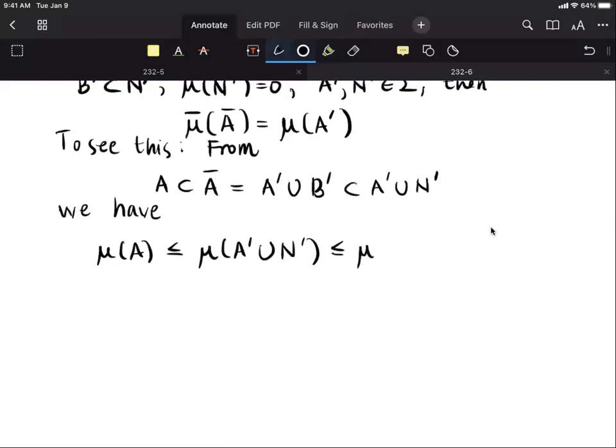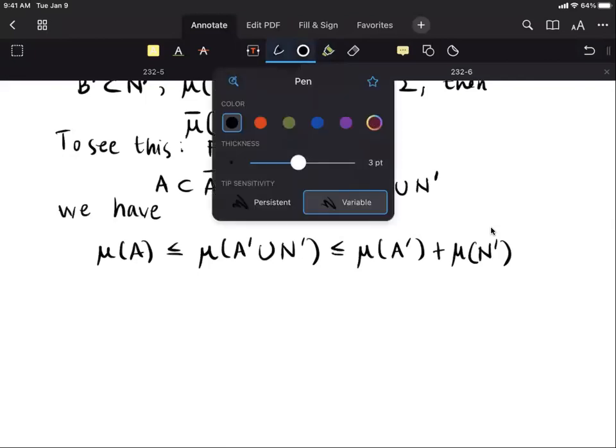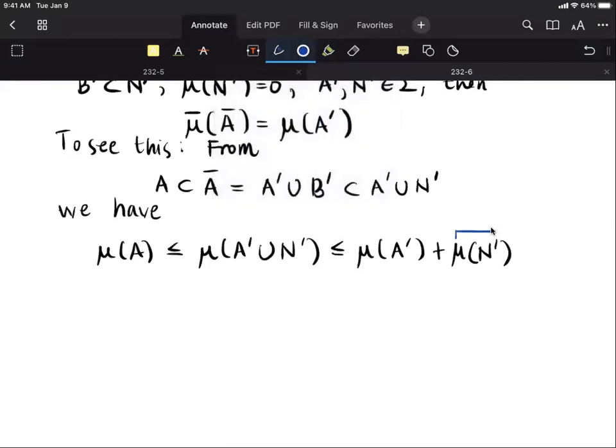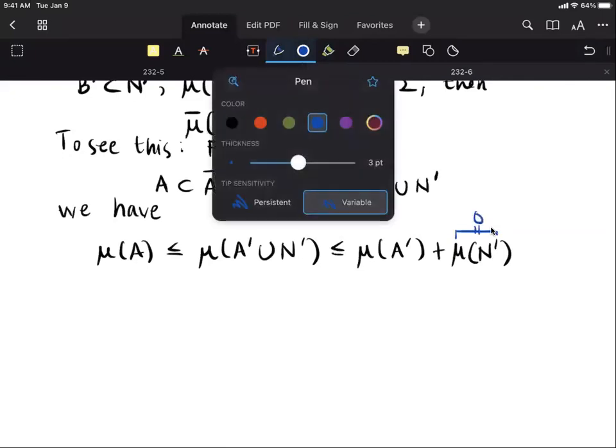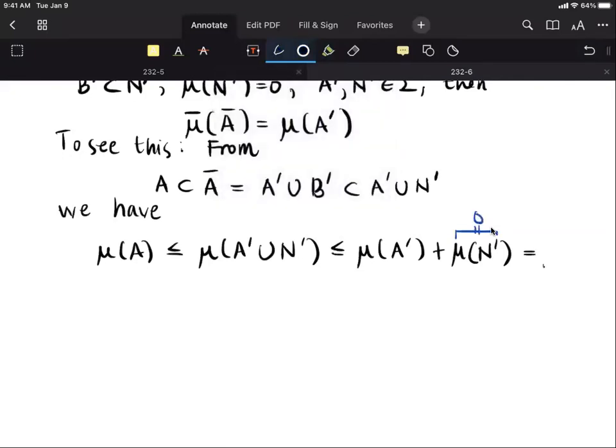And this is less than or equal to the sum of the measures. But then this is equal to 0. Hence, this is equal to mu of A prime.